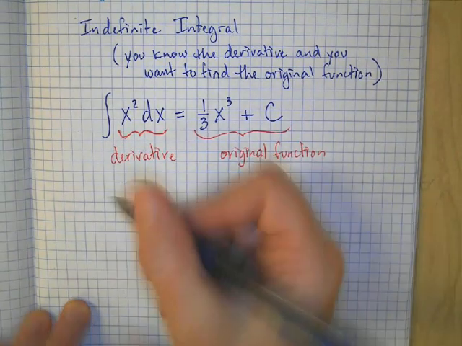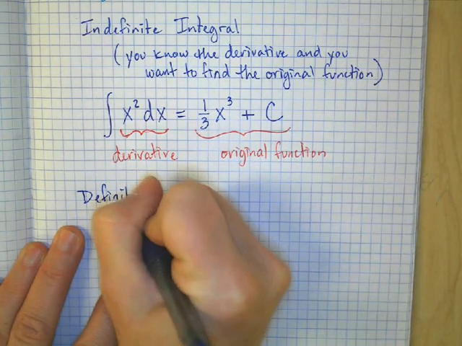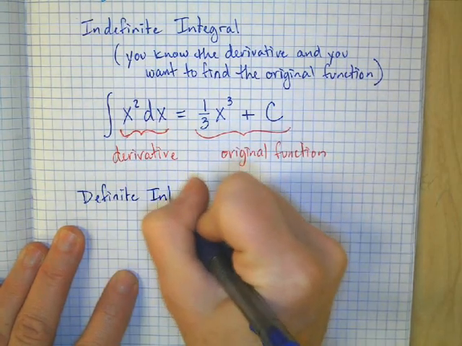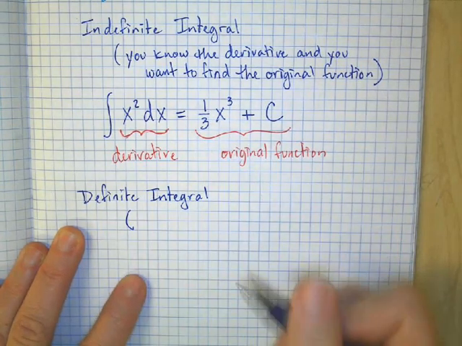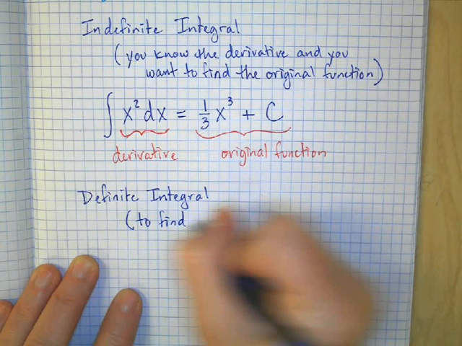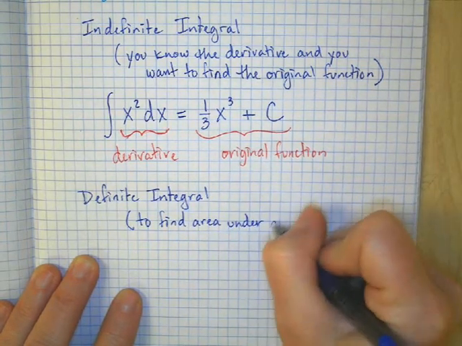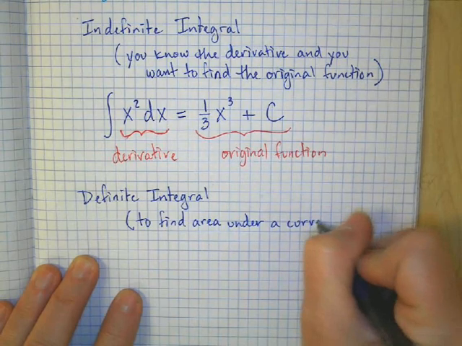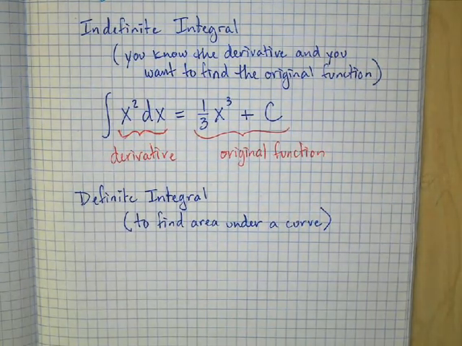So that's called the definite integral. We use this to find area under a curve. There are a few other applications of it, but that's the generic way of talking about it.